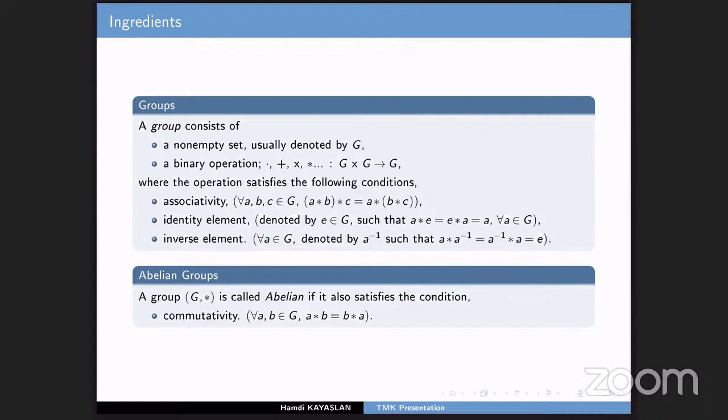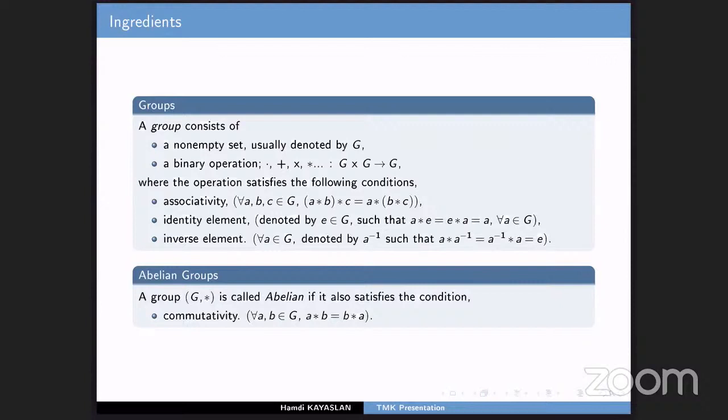In some sources, you can see that there's a closure property here, but if we start with a binary operation from G times G to G, the closure property is already satisfied, so it is going to be enough to move on with these three conditions, let's say. And if in addition we have a commutativity condition, if this is satisfied also, we have an abelian group.